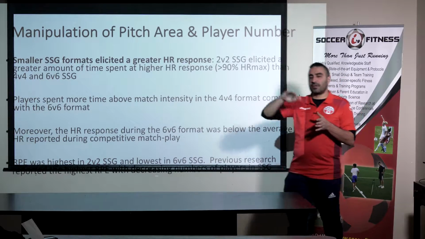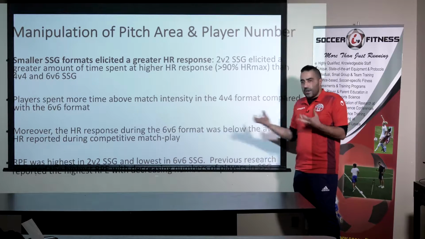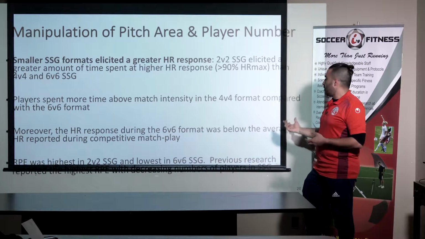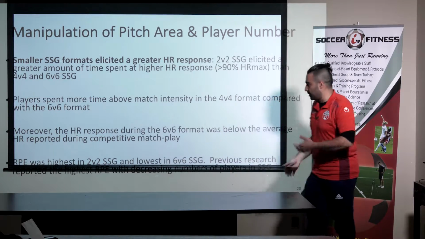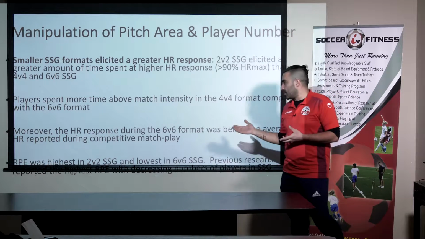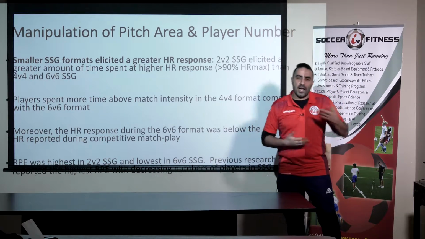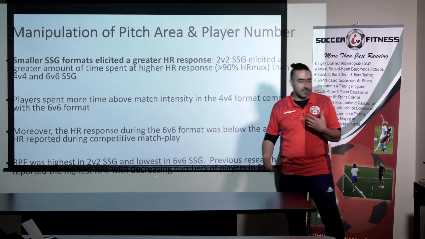So again, the intensity goes up, but as you increase the numbers, it goes back down. The heart rate response during the 6v6 was below the average heart rate that was reported for what we would find in match play. And this was also the same with RPE. Players engaged in 2v2 had a higher rate of exertion versus players playing in 6v6.